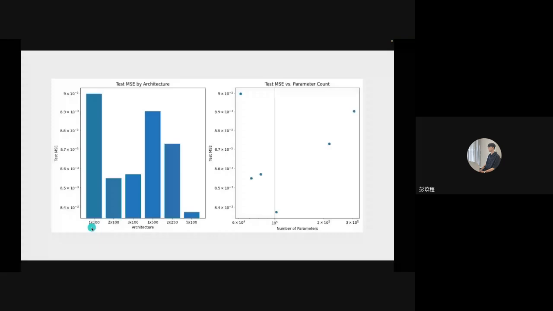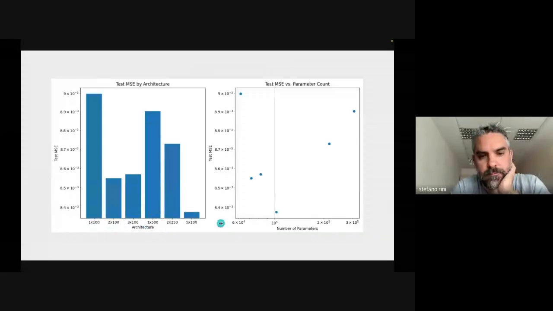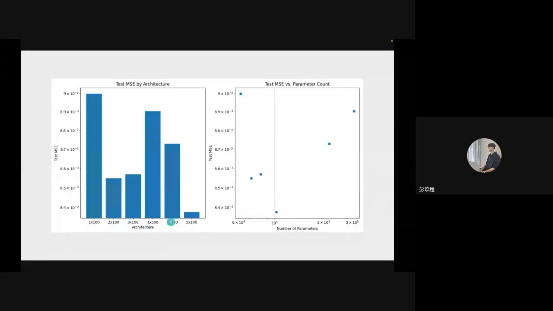In the figure on the left side, we test various architectures, like 1 times 100, 2 times 100, and others. We can see that the test MSE generally falls in the 8.4 times 10 to the power of minus 3 to 9 times 10 to the power of minus 3 range.